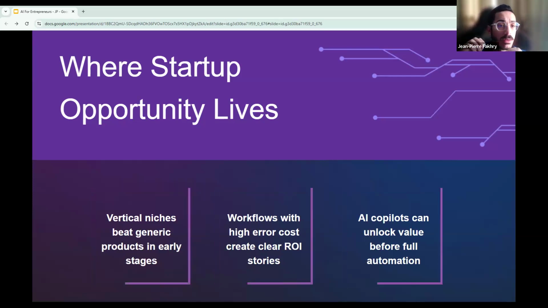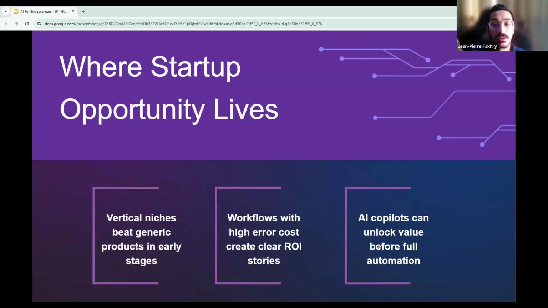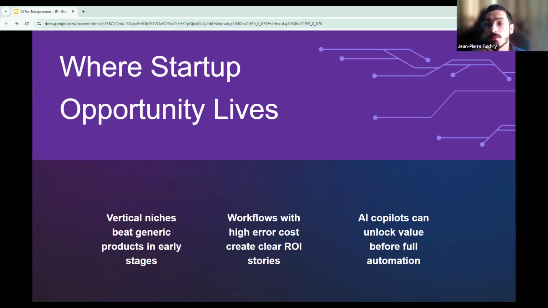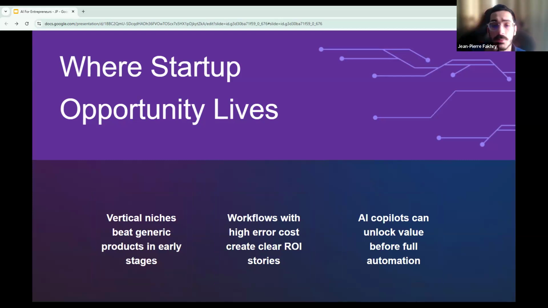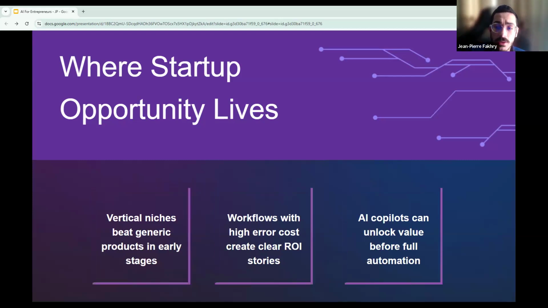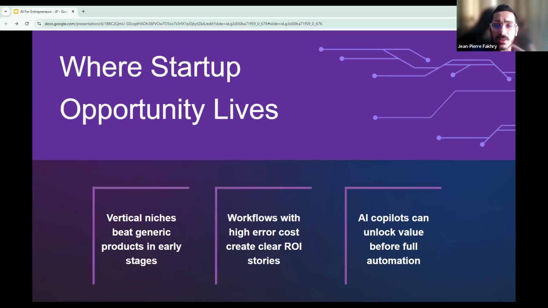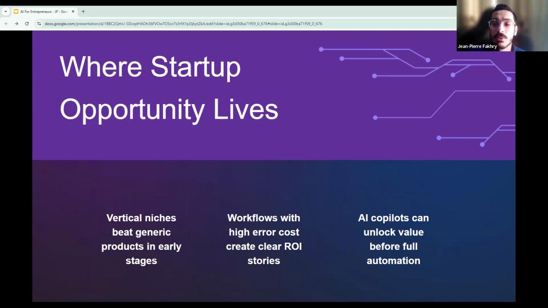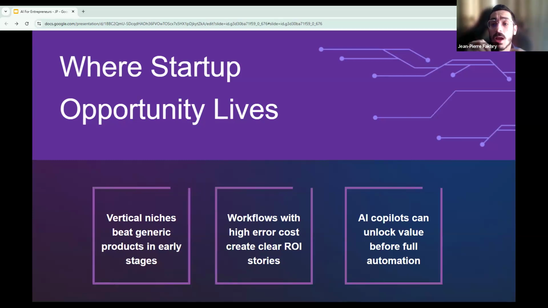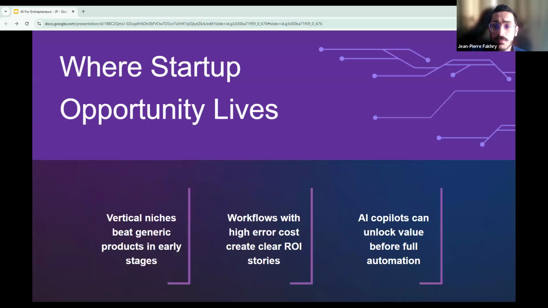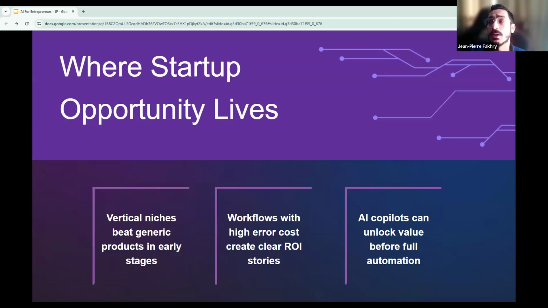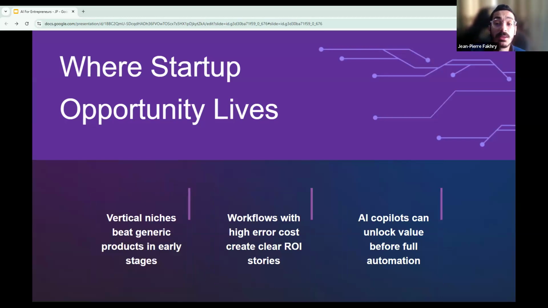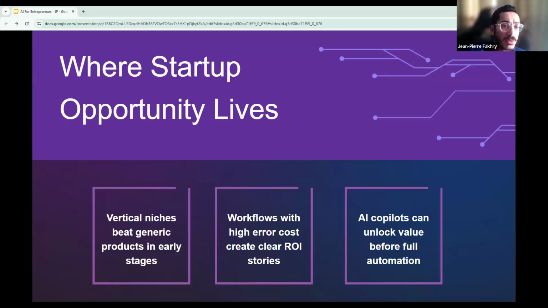Once they own that wedge, let's say, they go ahead and expand. So really look for workflows where the cost of a mistake is high, let's say billing errors, compliance violations, safety failures, and stuff like that, because those are the workflows where decision makers have budget approval authority. So basically, look for places where, let's say, a copilot can dramatically improve outputs before you need full automation.